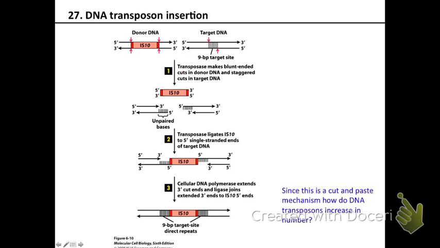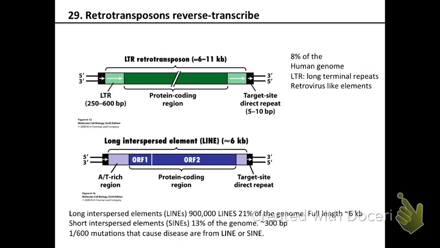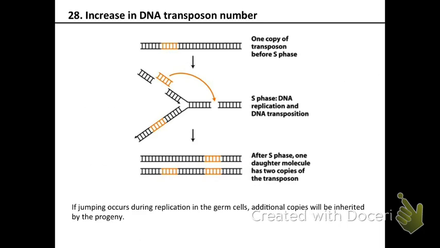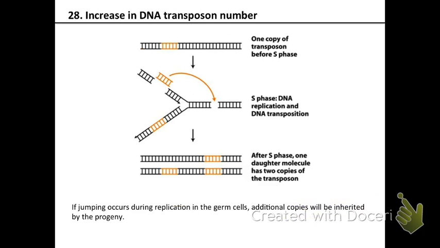In that picture, it's not detailed, so you don't see any staggered cuts or anything like that. No, I'm not asking what happens on the right side where the transposon gets inserted. I'm talking about the space where it used to be.